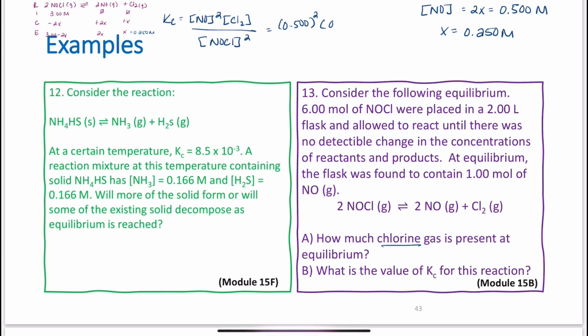My Cl2 concentration is 0.25, and it's not squared or anything, so it doesn't have any coefficients. And my NaCl concentration is 3.00 minus 2x, which is 3.00 minus 0.500, quantity squared. My Kc value here is 0.0100. So that's one answer. And my Cl2 concentration at equilibrium is 0.250 molar.